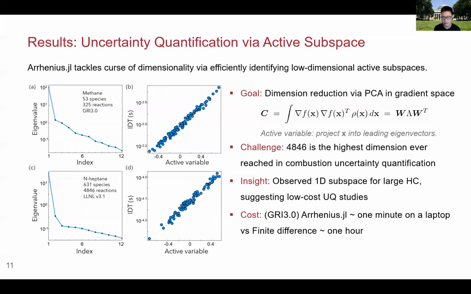And we also observe a one-dimensional subspace for the detailed mechanism, which means we can leverage this one-dimensional subspace for low-cost uncertainty quantification for even larger hydrocarbons. In terms of the computational cost, differential programming reduces the computational time from 1 hour to 1 minute for the GMAC.